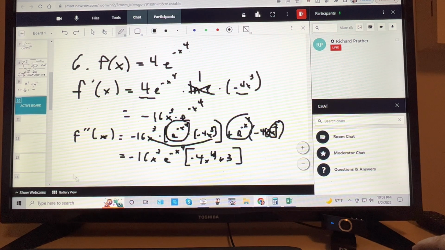Let's do it over here. So negative 16, 1 squared will eventually disappear. E to the negative 1 to the 4th, but that's negative 1. And then negative 4 times 1 to the 4th plus 3.